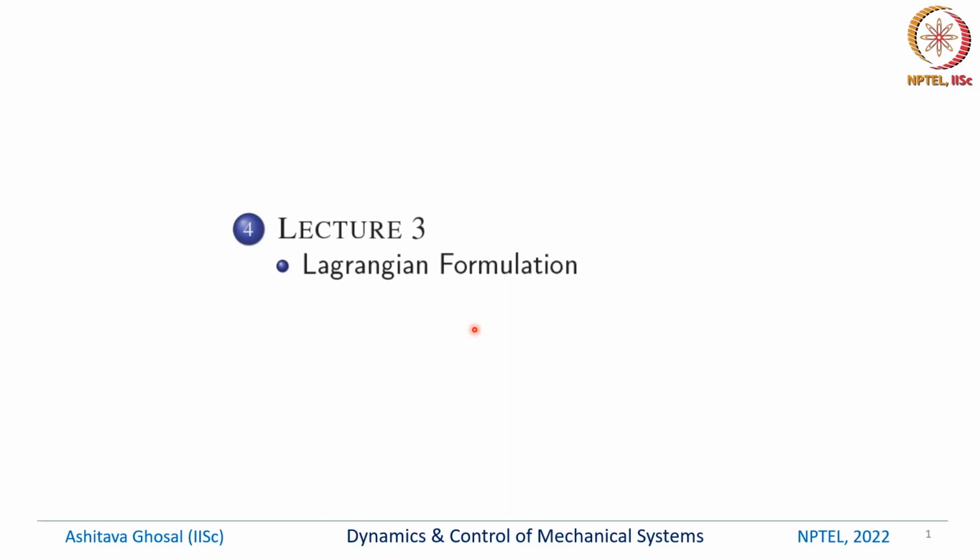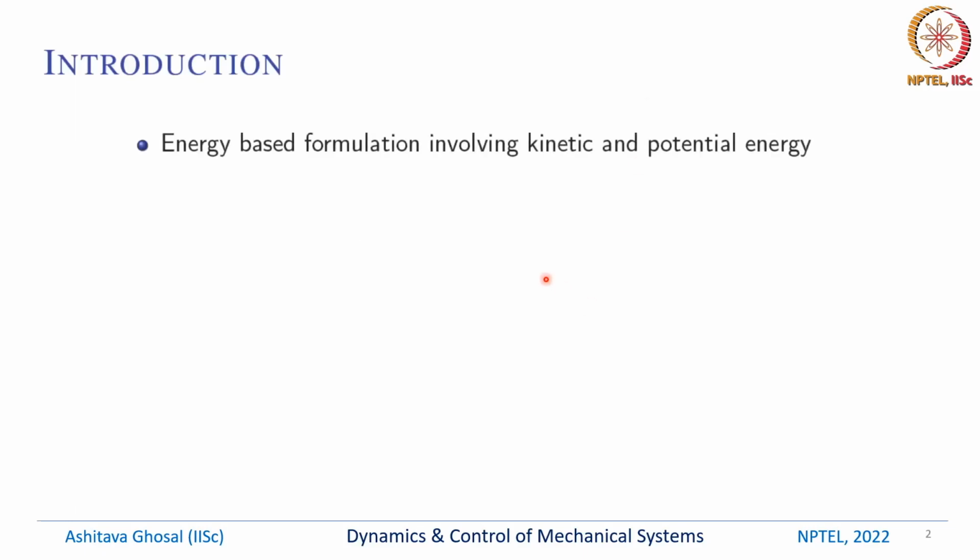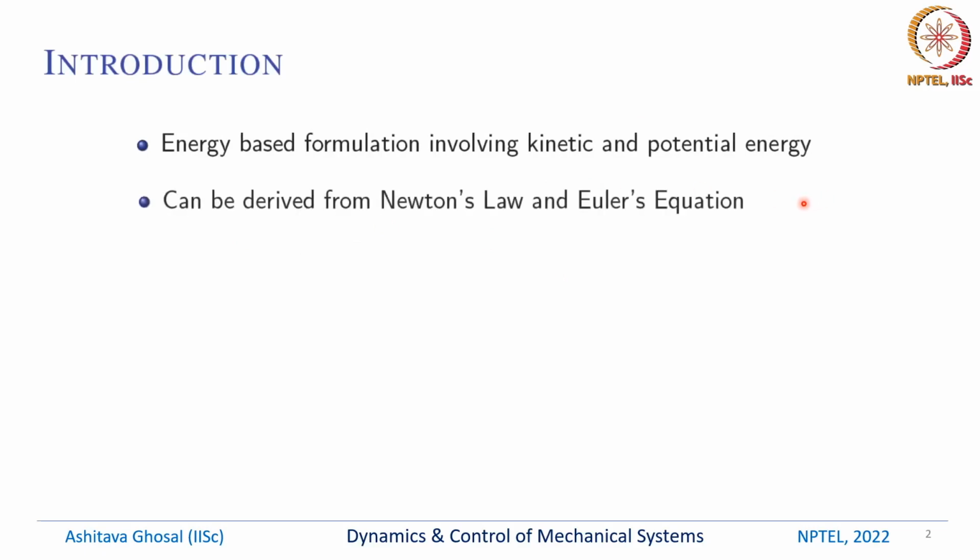In this lecture, we look at another way to derive the equations of motion. This is called the Lagrangian formulation. The Lagrangian formulation is an energy-based formulation. It involves obtaining the kinetic and potential energy of the rigid body or a system of rigid bodies.